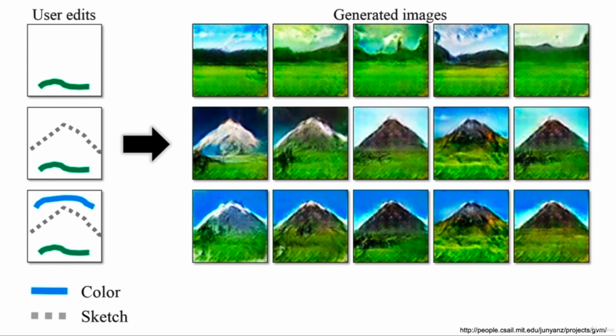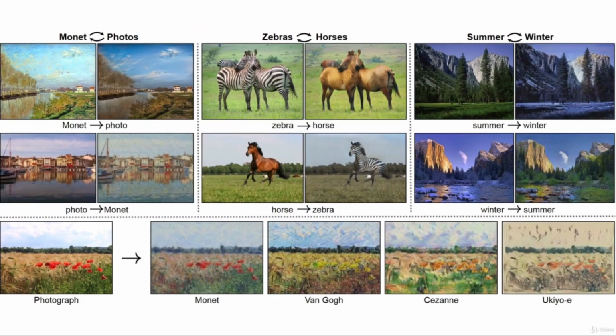In our course, we also will study a lot of applications of generative adversarial networks. Here you can see the transfer from the sketch to the generated image. There are some tools where you can draw a sketch and obtain a generated image from this sketch. Another application of generative adversarial networks that we will study is image-to-image translation.